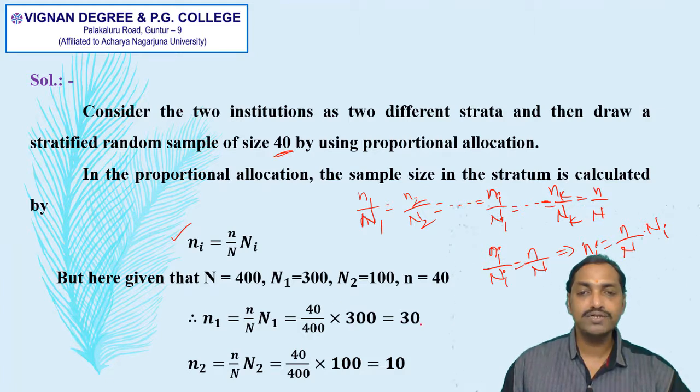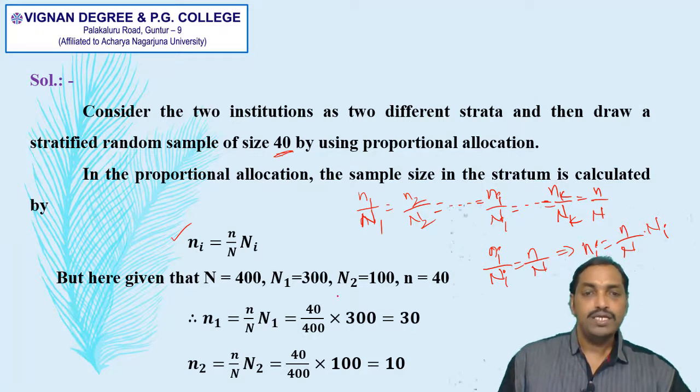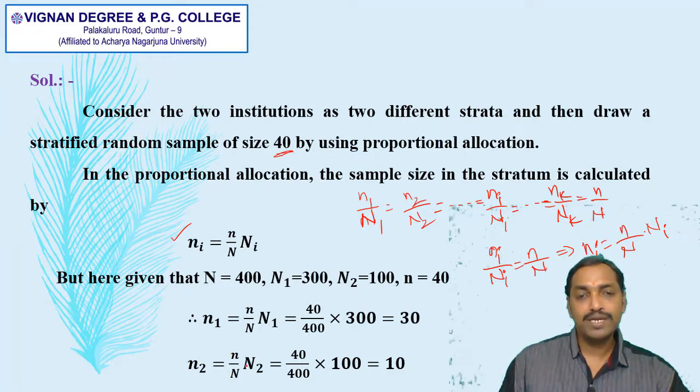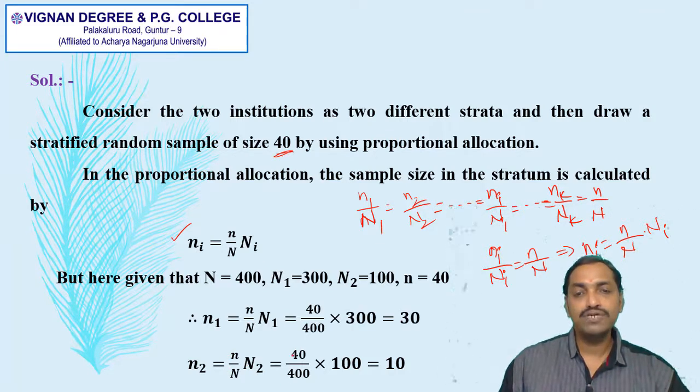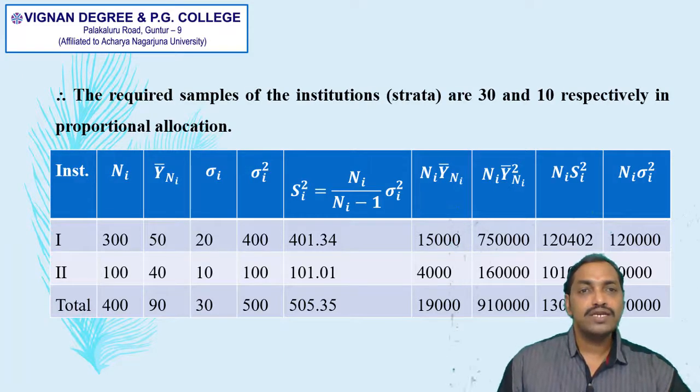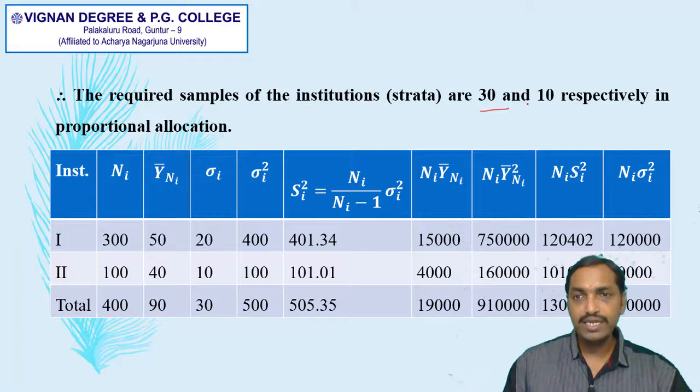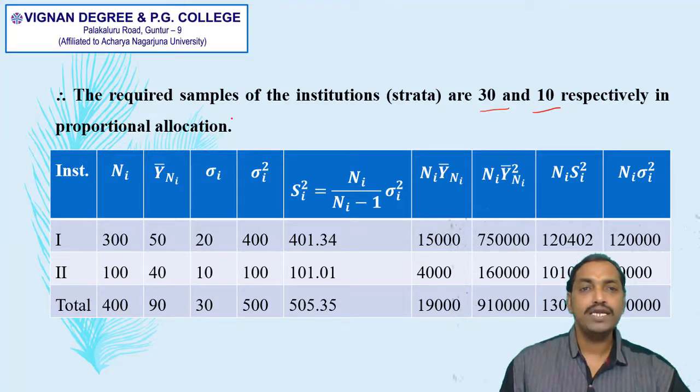On simplification, we will get 30. So, small n2 is equal to small n divided by capital N into capital N2, which is equal to 40 divided by 400 into 100. On simplification, we will get 10. So, therefore, the required samples from the institutions are 30 and 10 respectively in proportional allocation.